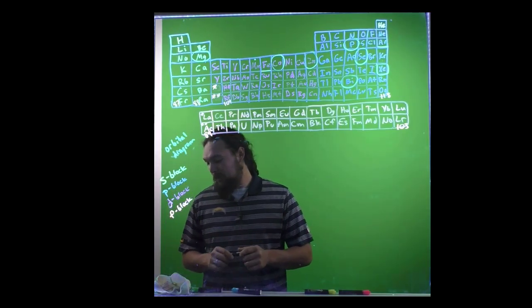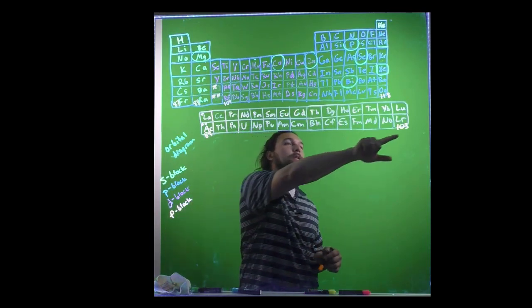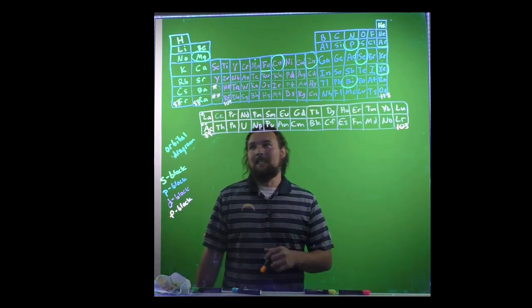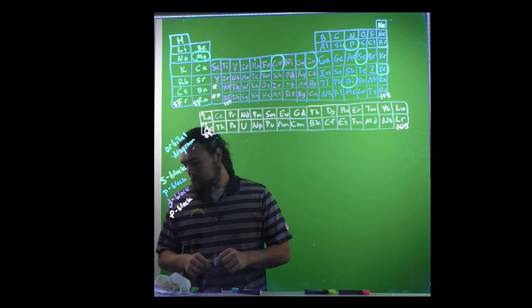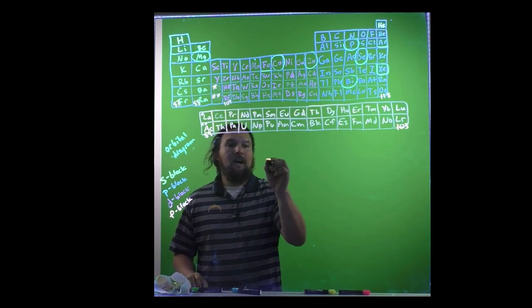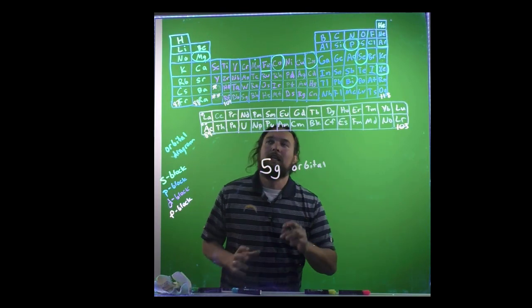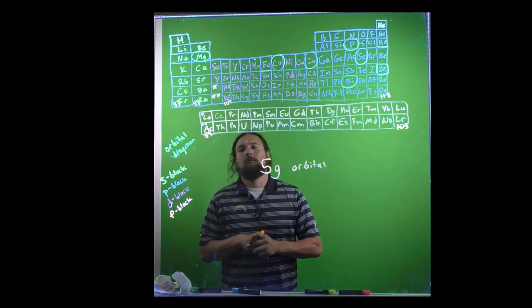But for number 2, it says, if we were able to continue making new elements. So right now we have elements up to element 118. If we were to continue to make new elements, what would you expect the atomic number of the first element to occupy a 5G orbital to be? Okay, so this takes a little bit more thought.